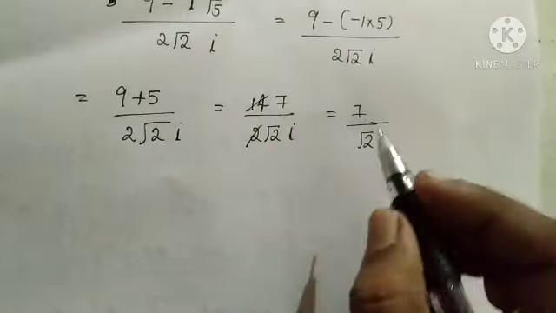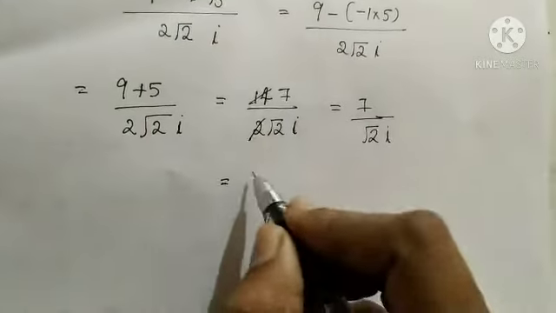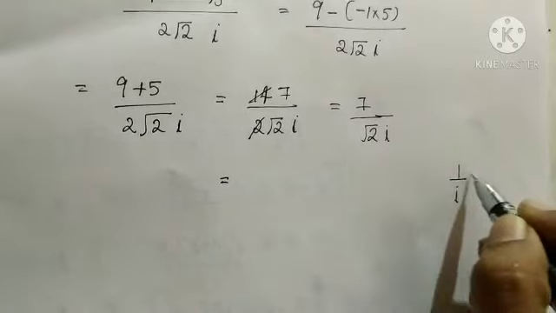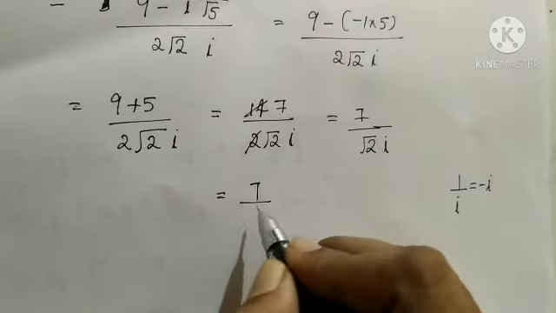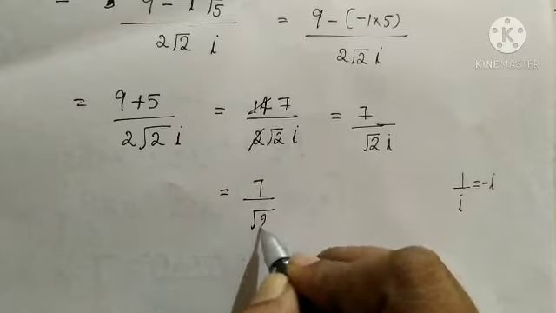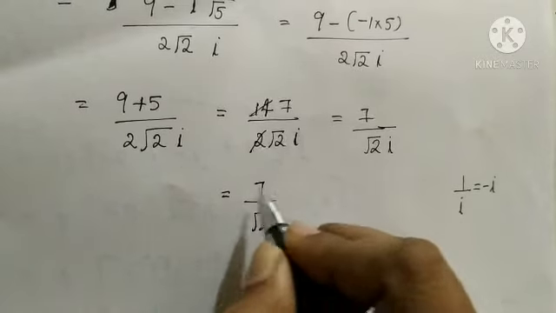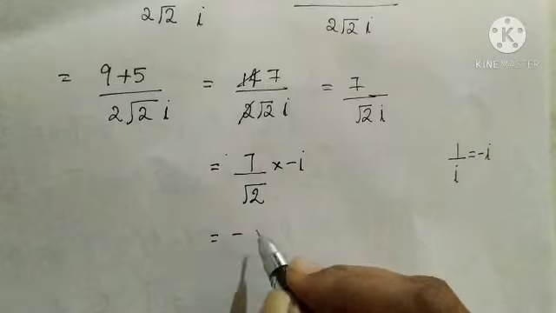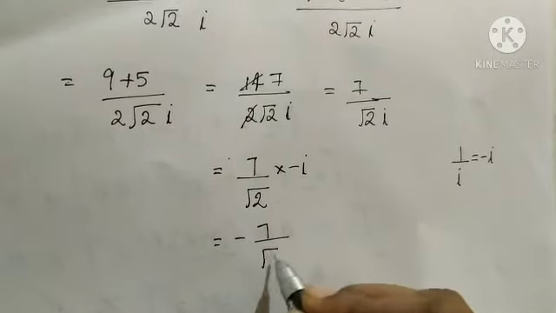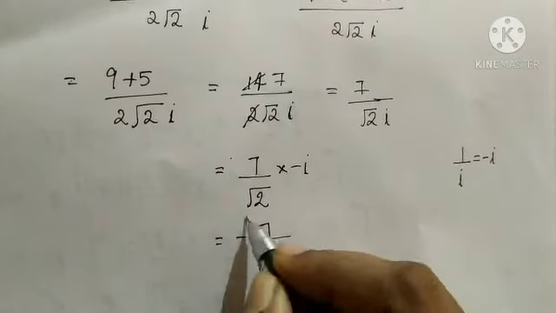Next we know that the value of 1 by i is minus i, right? So I am going to write this as 7 by root 2 into minus i, or minus 7 by root 2 i.